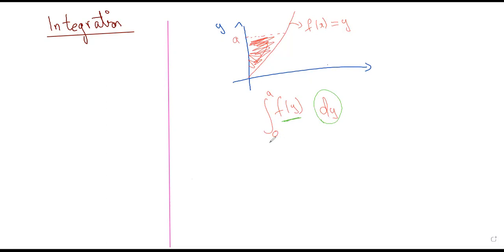This would be f of y, and the limits would be from the y-axis. Okay, so everything would change. Otherwise, it would have been f of x dx, 0 to a, but this time around, since it is between the y-axis and the curve, we have y here. Yes, is that okay? Yes, that's okay.